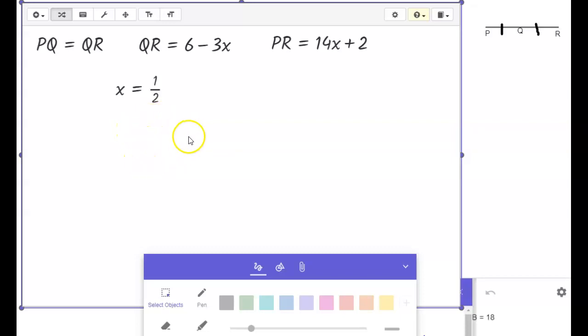All right, now we need to find the distance from Q to R, and then we'll know P to R also. So once again, we can take the value of x and substitute it into the expression here, put it there, and then we'll let the computer go to work.